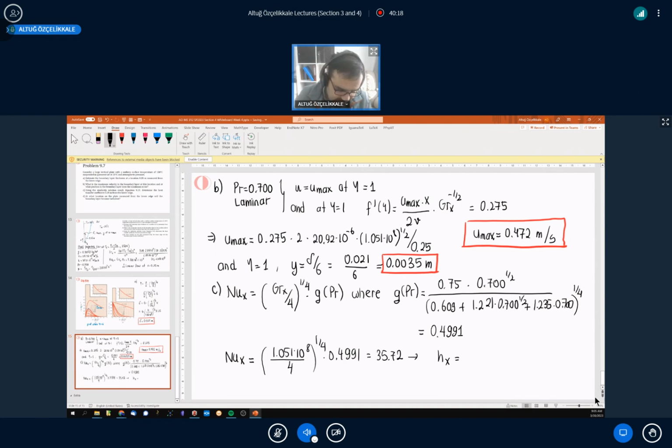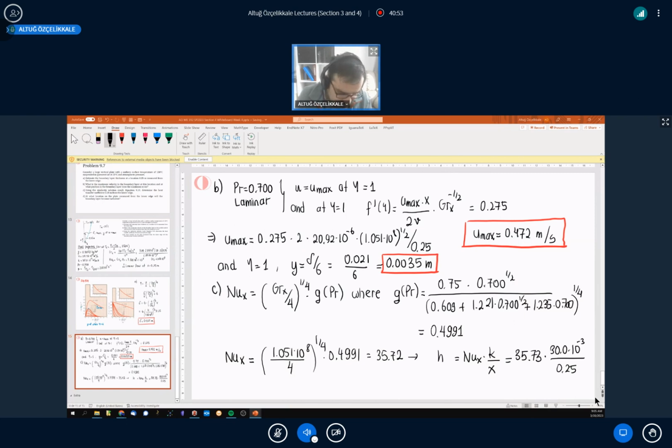So it is really to emphasize that that's the local convection heat transfer coefficient. That's going to be Nusselt multiplied by k over x. I can also drop the x from Nusselt. It doesn't make much sense. And that's going to be 35.73 times 3 divided by 0.25.